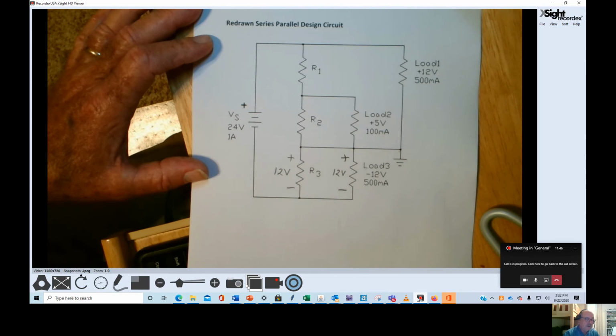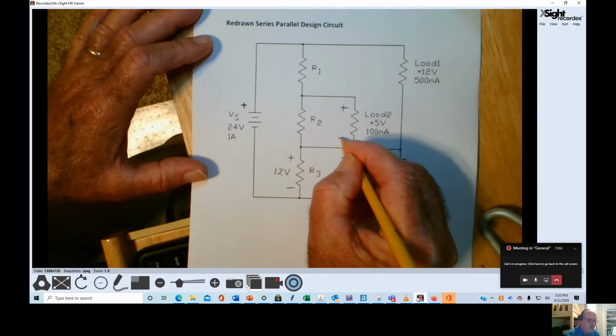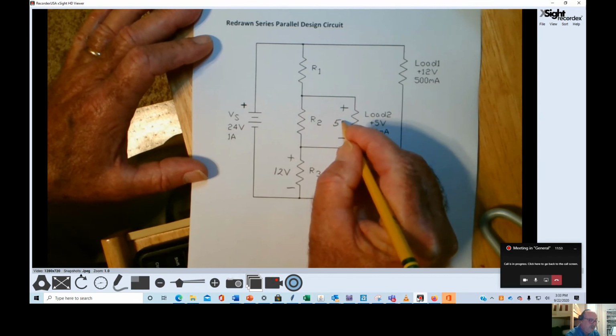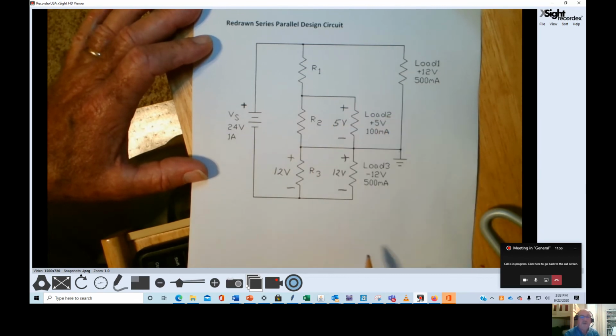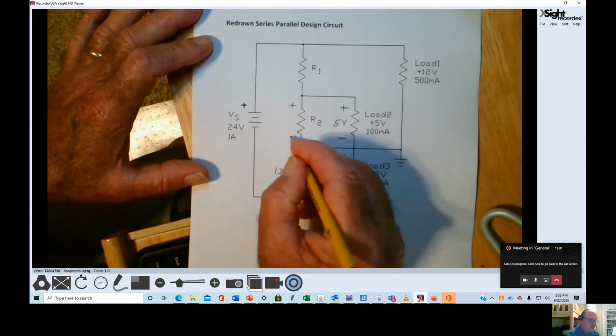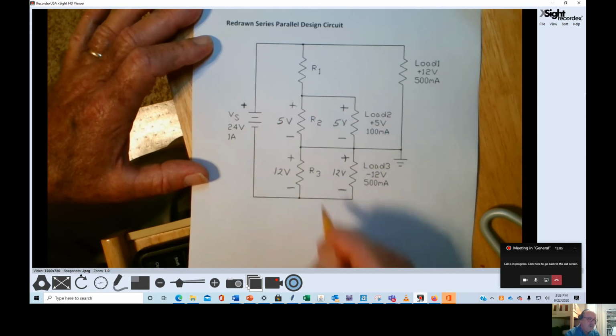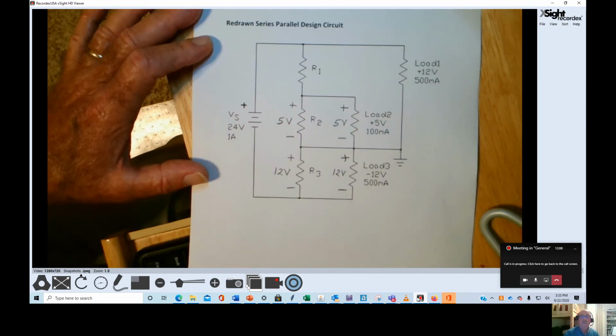Now the voltage across load 2 is 5 volts, positive to negative, and R2 and load 2 are directly in parallel, so the voltage across R2 will be 5 volts as shown. Now, to determine the voltage across R1, we can look at 2 things.